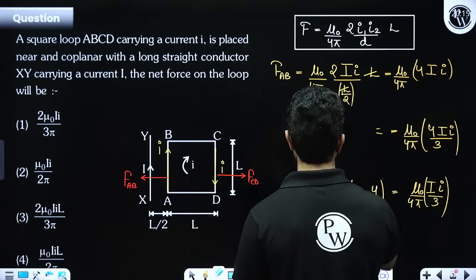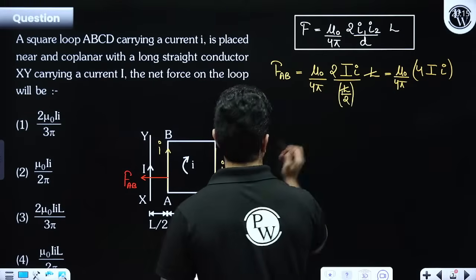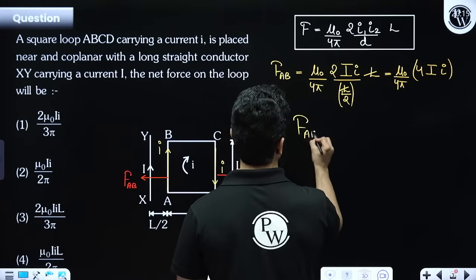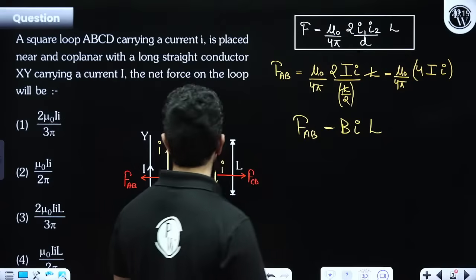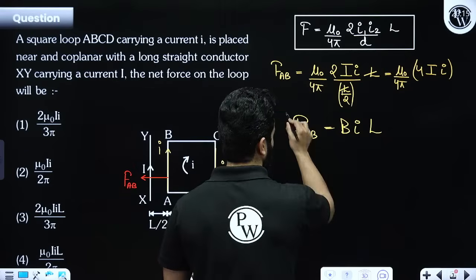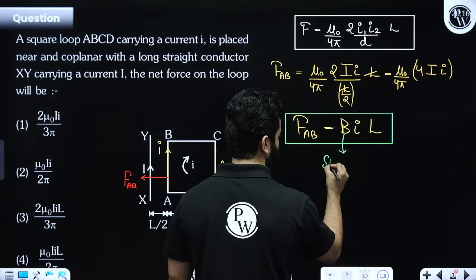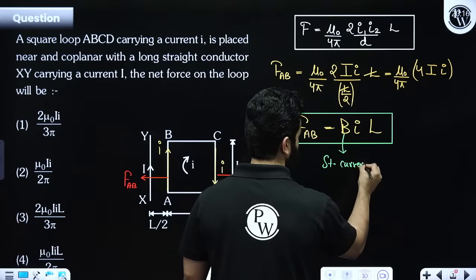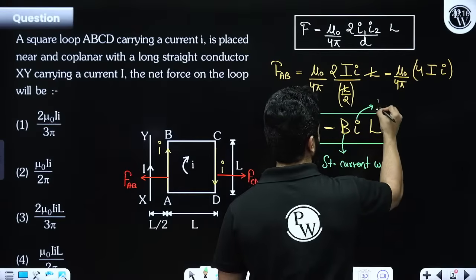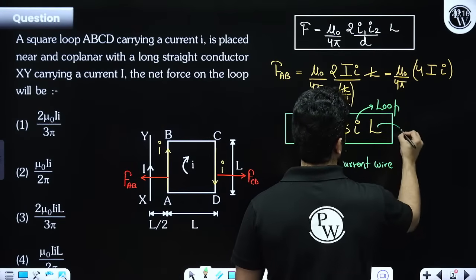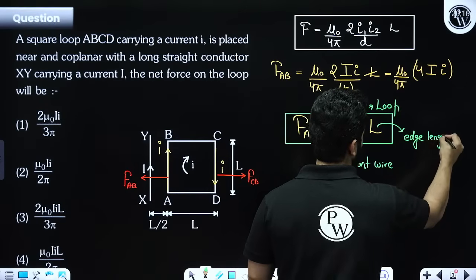Let's write down BIL. Force acting on AB will be magnetic field B I into L. Right? Magnetic field, see what formula I'm using. Magnetic field due to straight current carrying wire, current I of the loop, and L is the edge length of this, right?